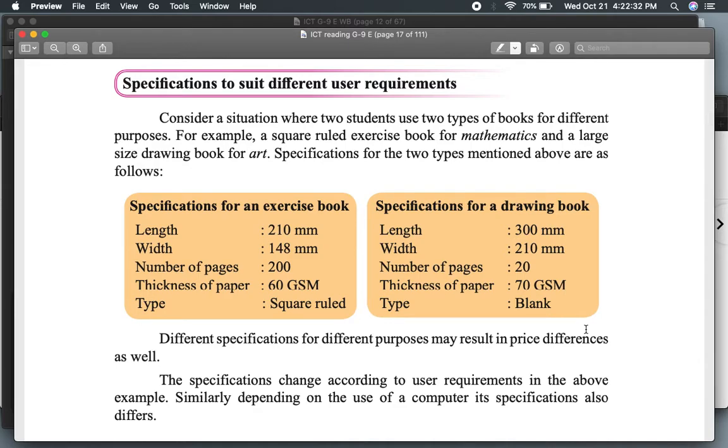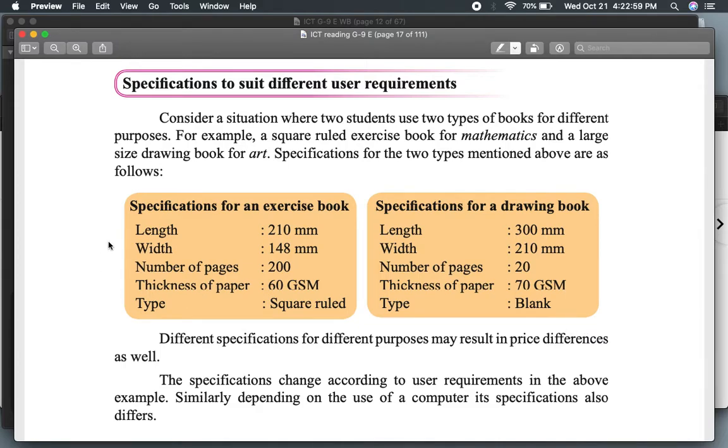We go to the next page and it says specifications to suit different user requirements. Consider a situation where two students use two types of books for different purposes. For example, a square-ruled exercise book for mathematics and a large-size drawing book for art. Specifications for the two types mentioned above are as follows.